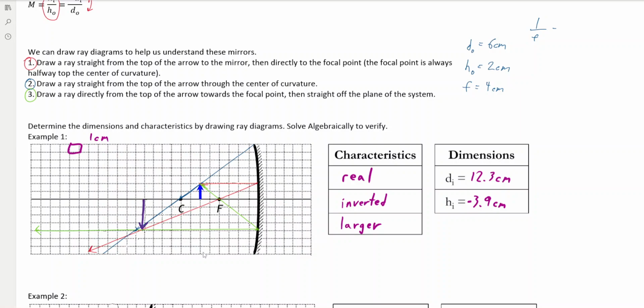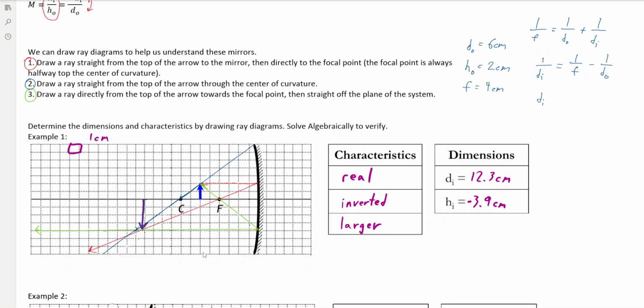1 over F equals 1 over DO plus 1 over DI. And we can rearrange this and solve for DI. So first of all, we're going to get 1 over DI equals 1 over F minus 1 over DO. Then we're going to basically flip everything.